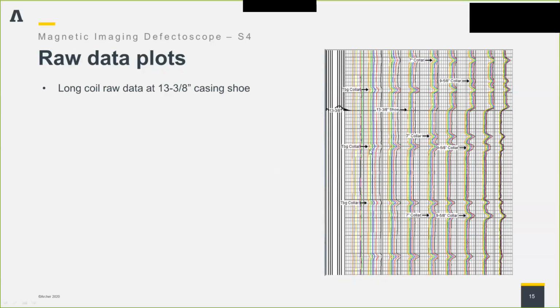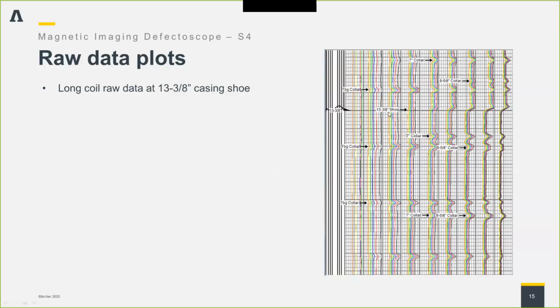As mentioned before, the near time, the early arrivals are affected by the inner strings. So up at the top, you can see these early arrivals are absolutely unaffected by the change in casing. So at the 13 3/8 casing shoe, below there, the signal is exactly the same as above. So we're seeing that the effect here is from the inner strings.